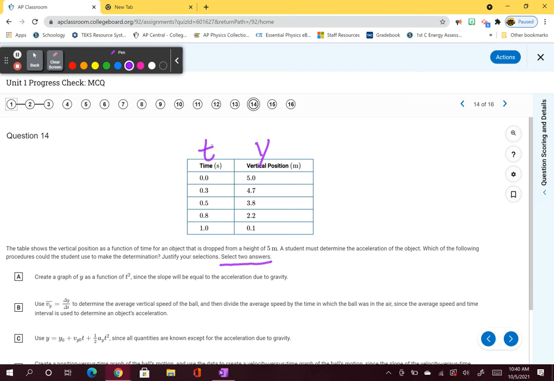It's wanting you to graph basically your y, so your height, as a function of your t squared. Where that's coming from is your second equation. x equals x naught plus vy naught t plus 1/2 a t squared. So that's where this idea is coming from.